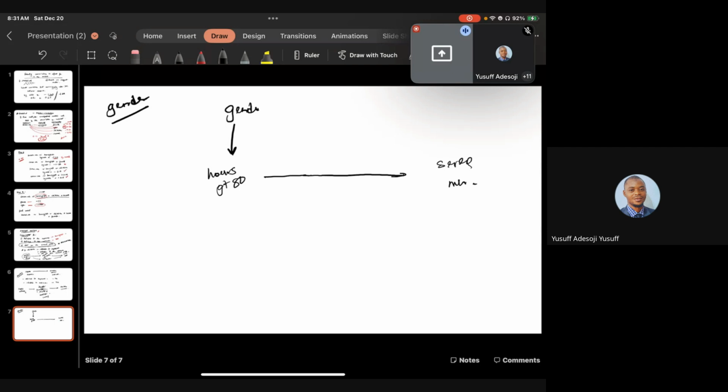Okay. Do you think that men and women have different levels of mental illness, anxiety, depression? Yes, I think so. You think so? Does anybody disagree?